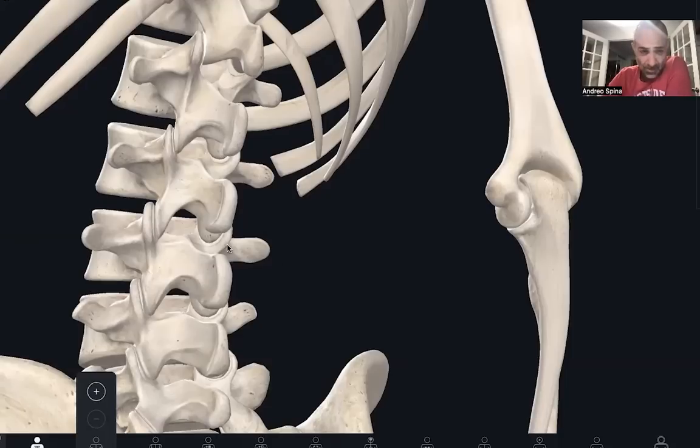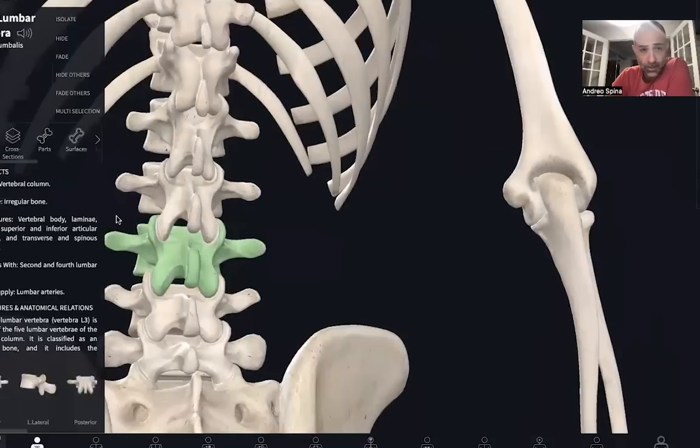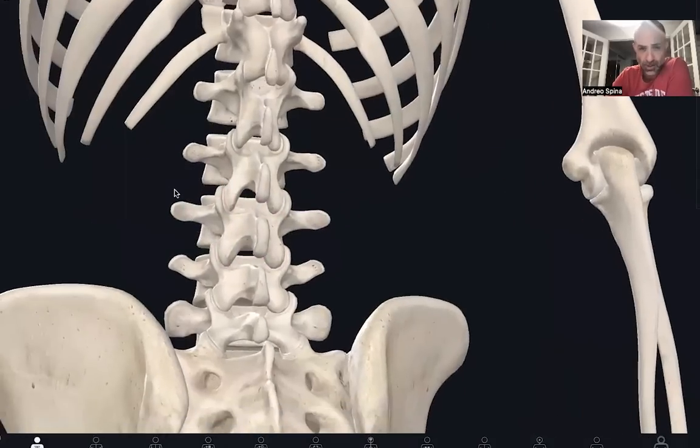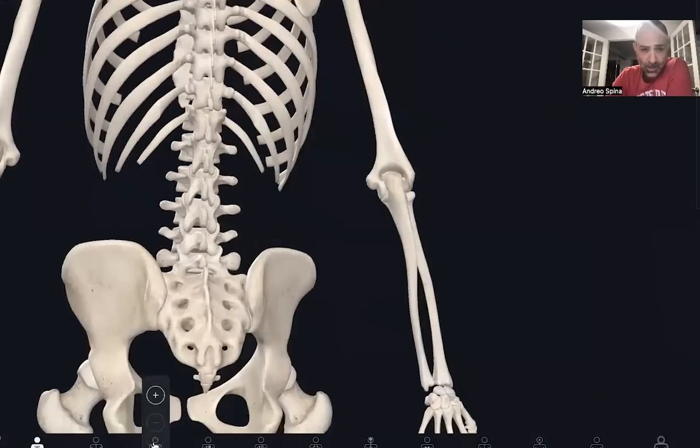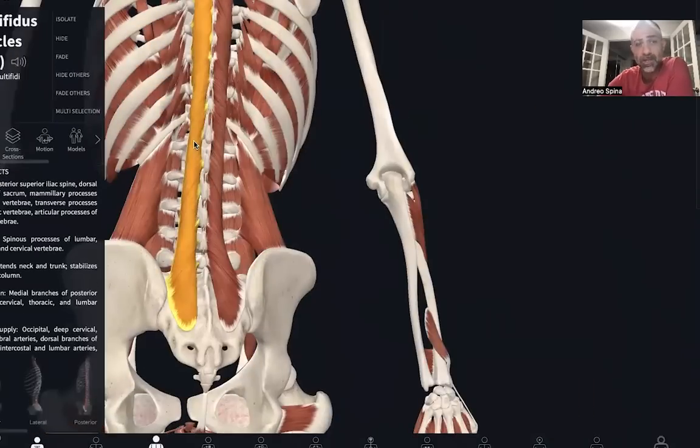Now, let me just bring you back to the anatomy here, and I'll show you the first layers that we really run into in the spine with regards to the musculature. One of the first layers that we run into are these muscles here called the multifidi. In anatomical textbooks, they tell you that the motion of the multifidi is to rotate the spine such that the nose faces in the opposite direction.